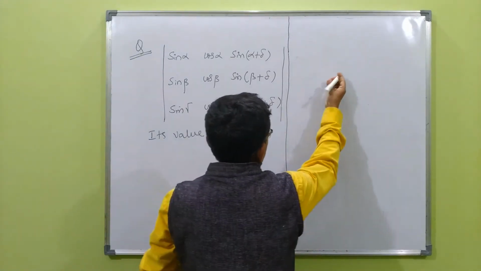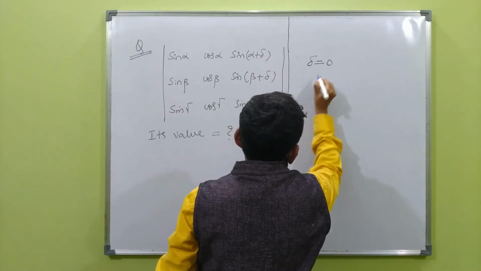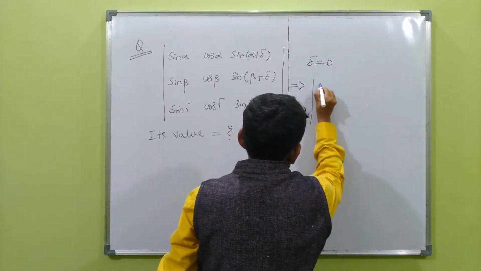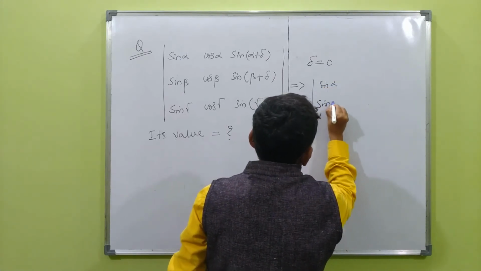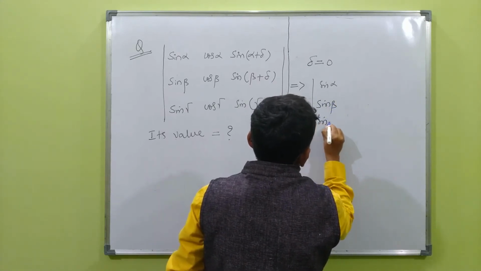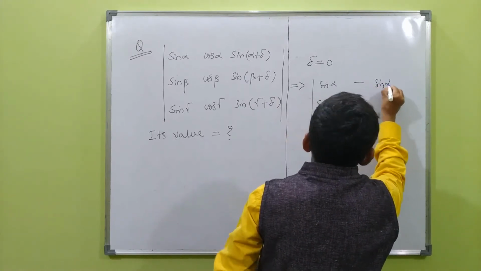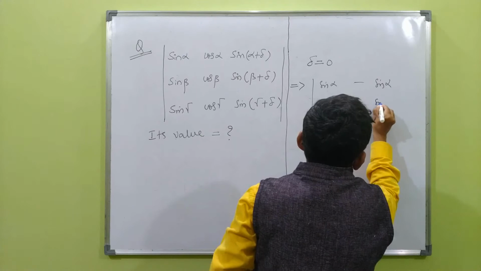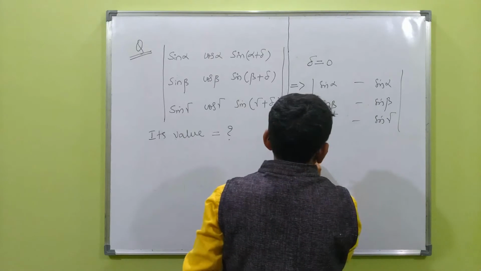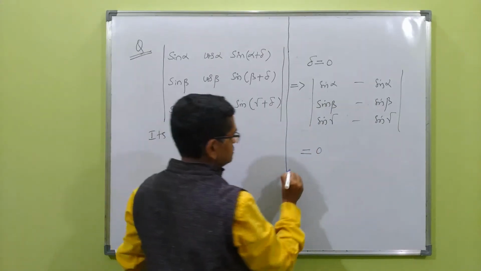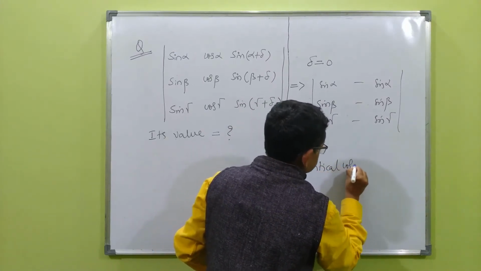So put delta is equal to 0: sin alpha, sin beta, sin gamma. The middle term I don't write, that remains as it is. So this is equal to 0 as there are identical columns.